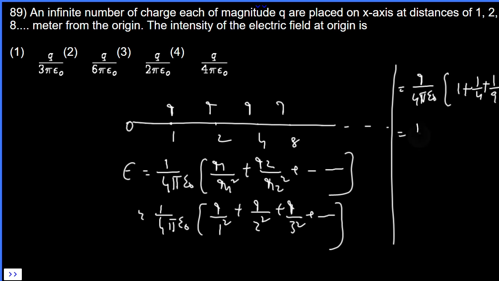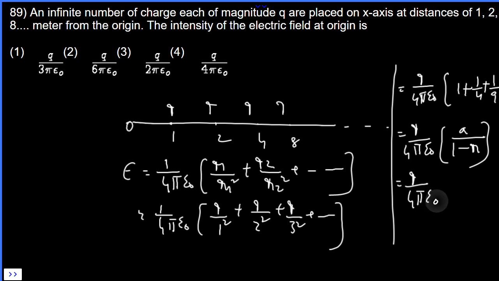By applying the formula for the sum of the progression, a by 1 minus r. Here q by 4 pi epsilon naught into a means 1, and 1 minus r, where the common ratio is 1 by 2 square. Sorry, 1 by 4 square means 16.